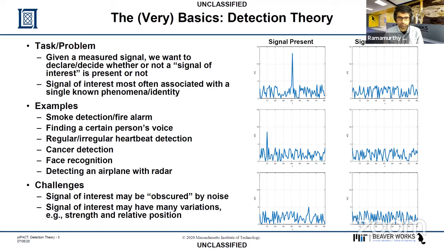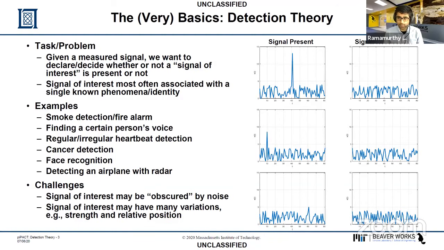We ourselves do a lot of detection, for example finding a certain person's voice in a crowd. Or defibrillators, right? They actually do some detection theory, where they won't activate if they don't detect an irregular heartbeat. After all, you don't want to be shocking somebody whose heart is doing just fine.